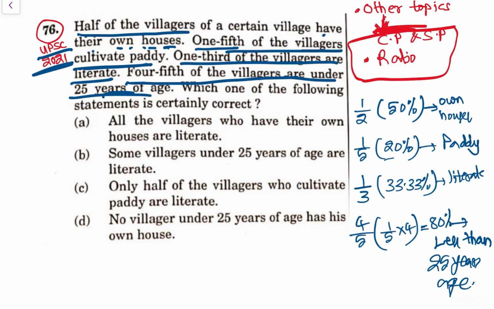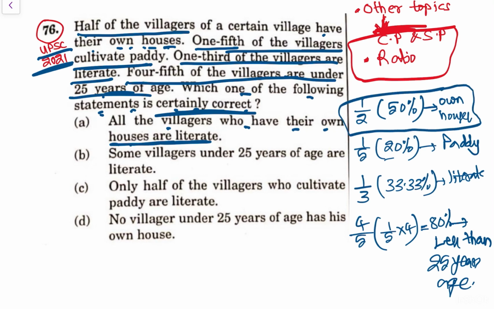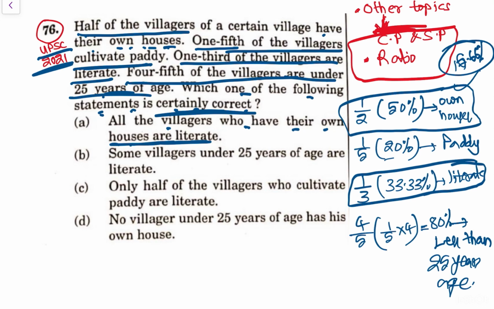Now, which of the following statements is certainly correct? First: all the villagers who have their own houses are literate. 50% have their own houses, and literate कितना है? 33.33%. So that means 16.66% have their own houses but they are not literate.